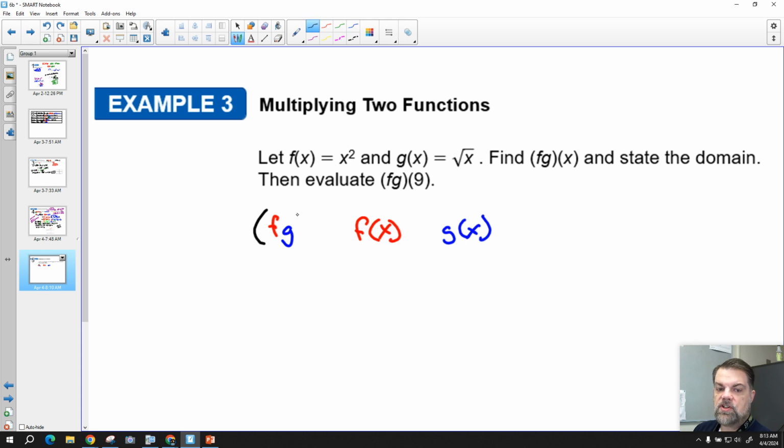So fg of x is how you're supposed to say it.